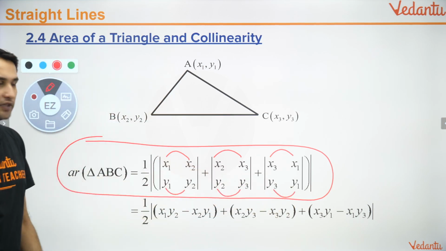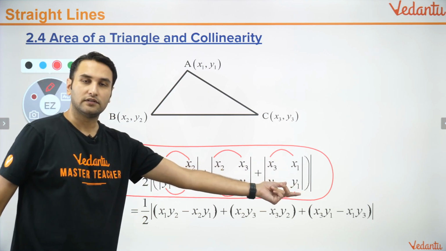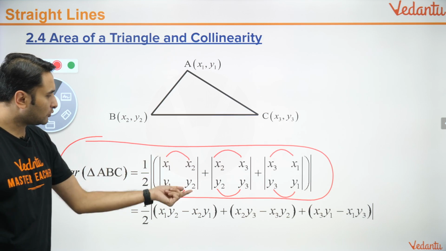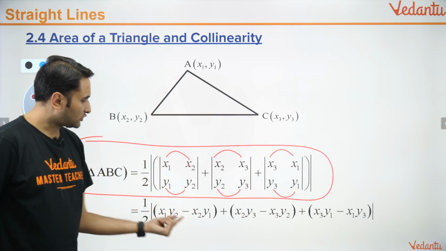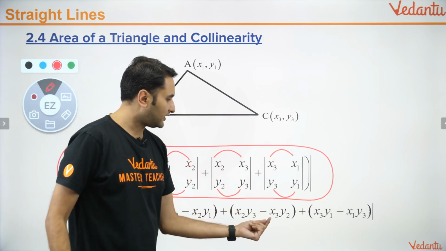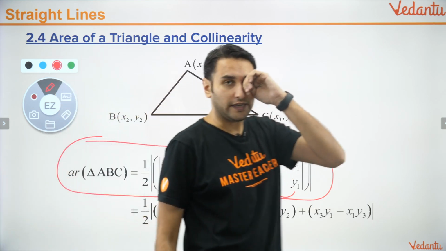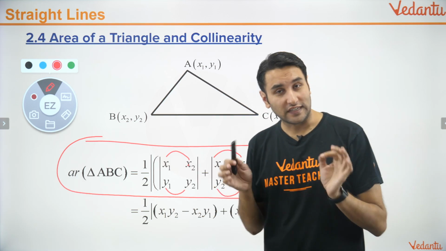Three simple determinants, right, with a half. कैसे ओपन हो जाएगा? x1 y2 minus x2 y1, and so on. This is the formula of the area of a triangle, used in many ways.